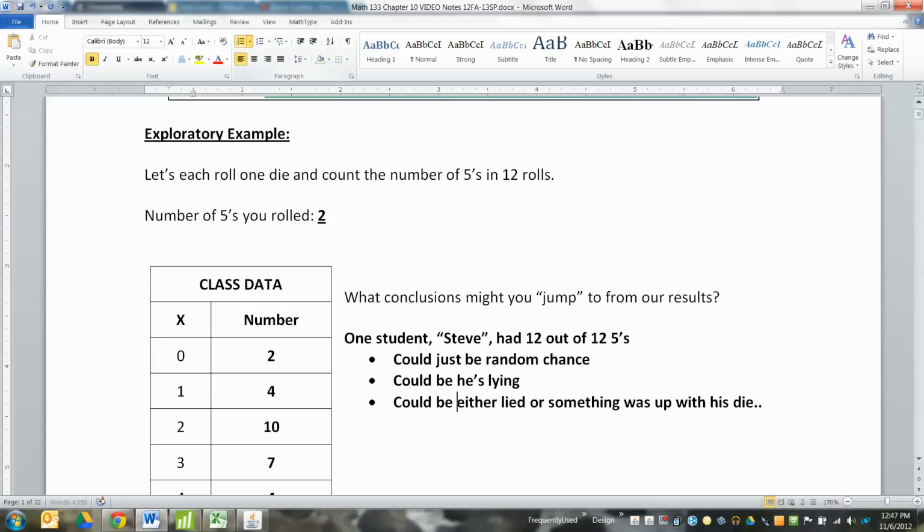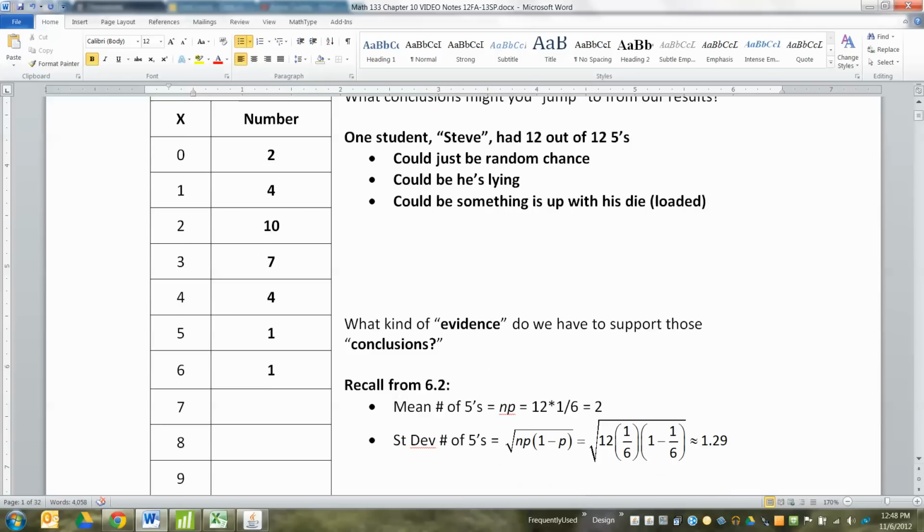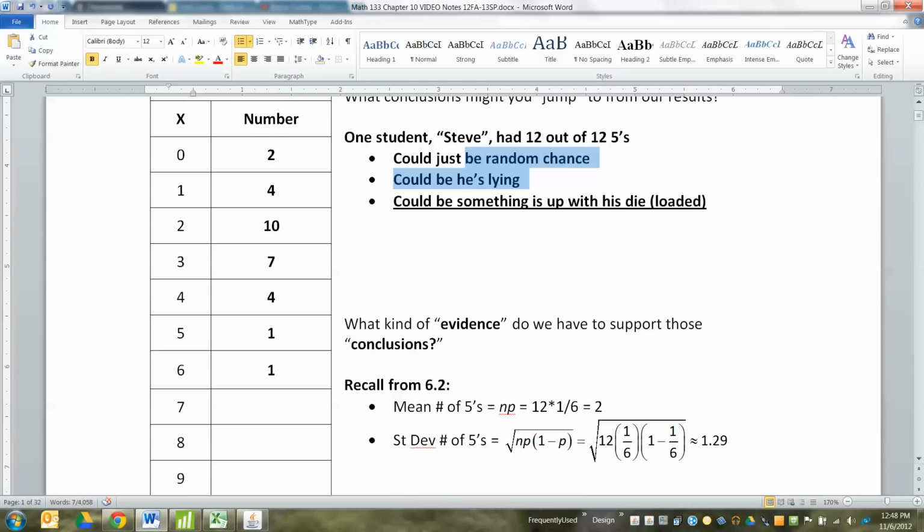Or it could be something is up with the die, i.e. it's loaded or weighted or something like that. Okay. So what kind of evidence do we have to support those conclusions? In particular, this bottom one, because we're going to assume poor Steve is not lying and it's not just random chance. We'll talk about why not in a minute, but we're going to assume that it's probably something's up with his die, like it's a loaded die.